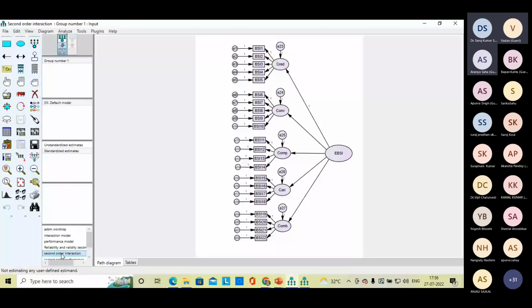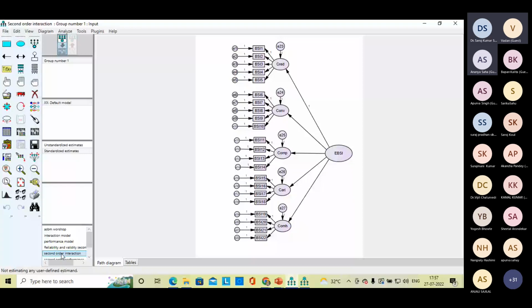Why have I gone for second order CFA? Because from the literature review I got that buyer-seller interaction can be effective if the seller has credibility, provides convenience to the buyer, is compatible in giving the service, is caring for the buyer, and comprehends everything regarding the product and information for the buyer.